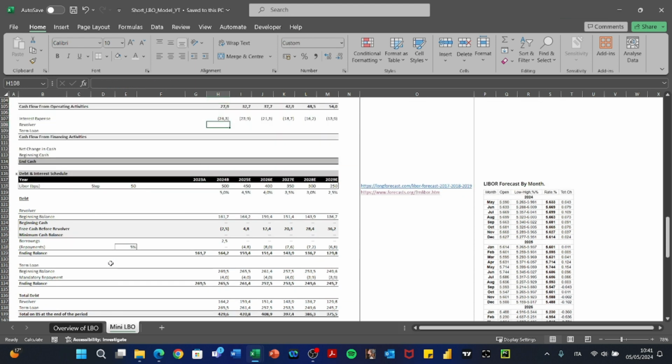Now, okay, let's fill these two lines. It is increasing. I'm collecting some money, so a positive effect on cash.